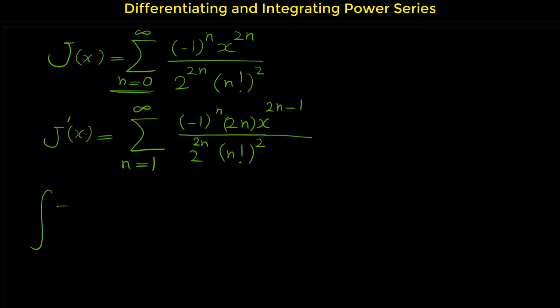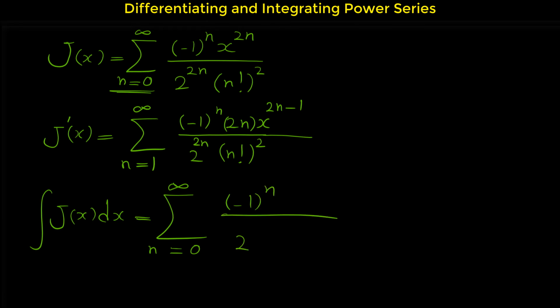And integral of J of x dx is sigma n from 0 to infinity. We write the coefficients first, and we have to integrate x to the 2n.